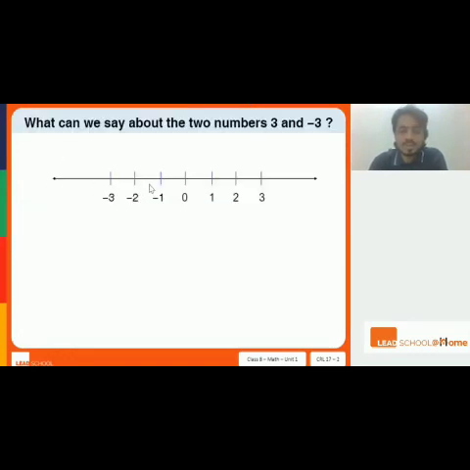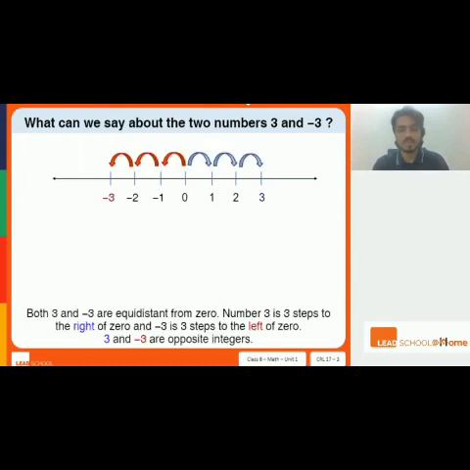So observe this number line. What can we say about the numbers 3 and negative 3? 3 is here and negative 3 is here on the number line. Think about this. What can we say about these two numbers with respect to the number line? We can see that both 3 and negative 3 are equidistant from 0.